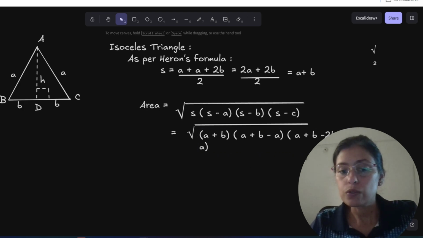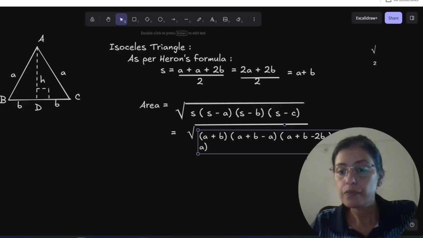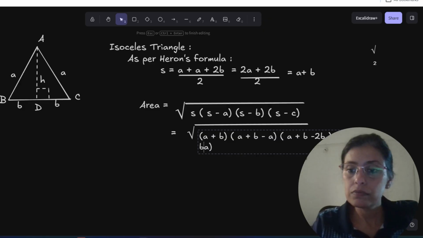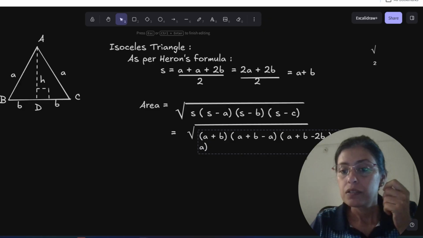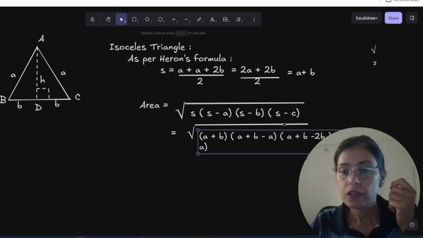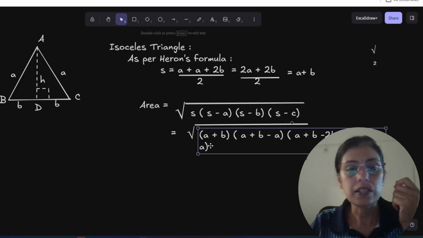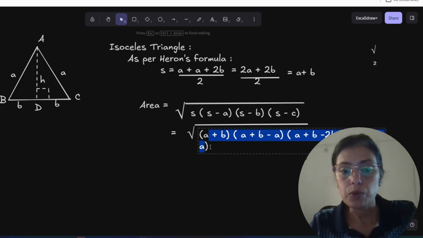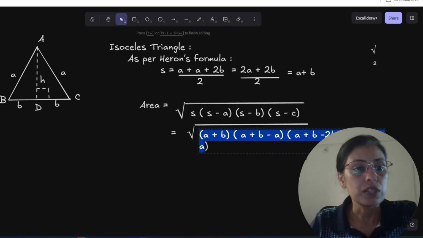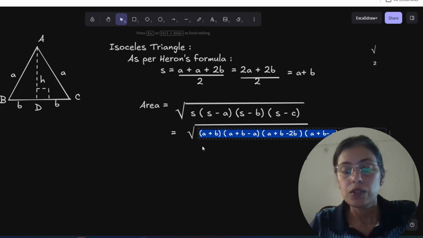Right? And I was just trying to stretch this so that it all comes in a single line. So what I'll do is I'll reduce the size. Yeah. So now it is all in the line.